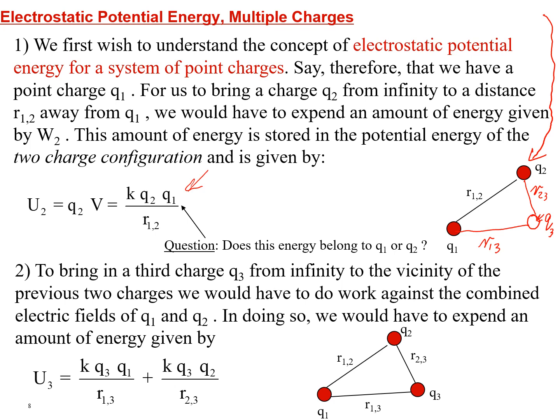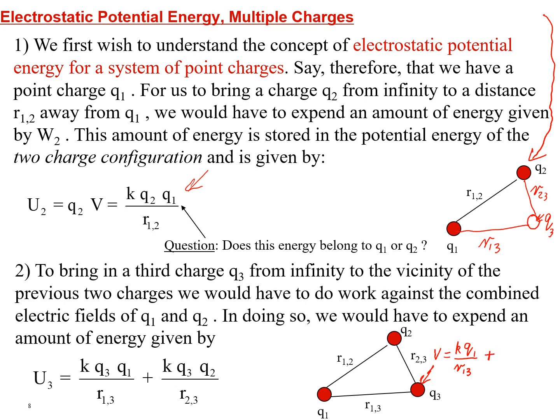The answer is that first we have to go ahead and find the electrostatic potential at that location. And so let's focus on the lower figure now. The electrostatic potential at this location, due to the original two charges Q1 and Q2, is essentially given by V is equal to K times Q1 divided by the distance from Q1 to this position 3, which is given by R13.